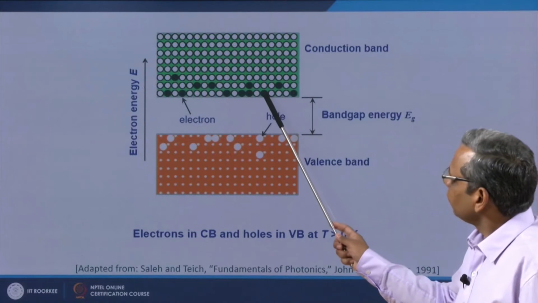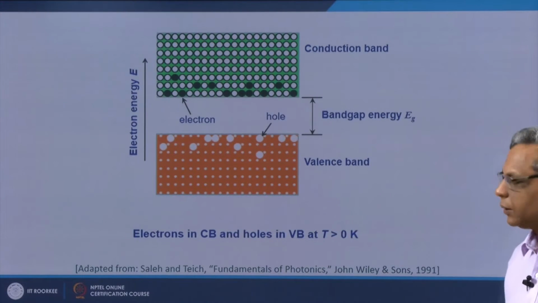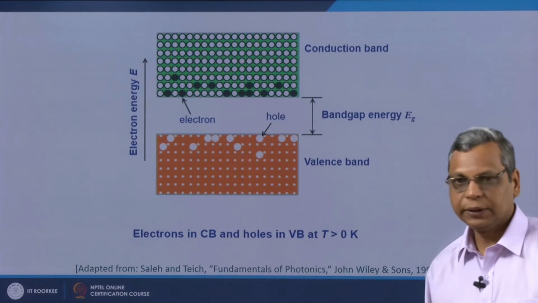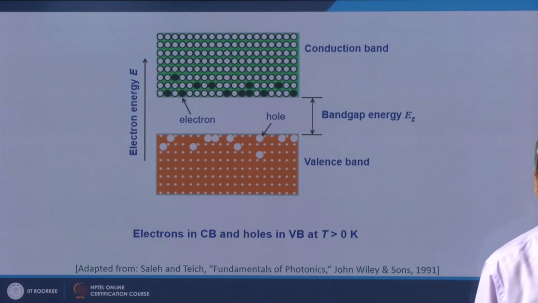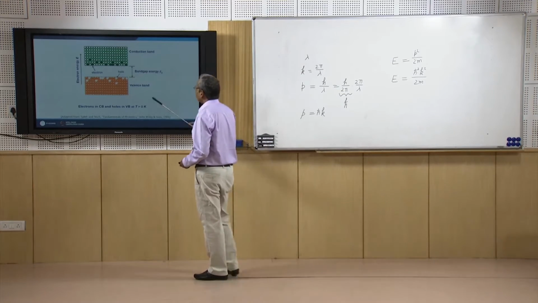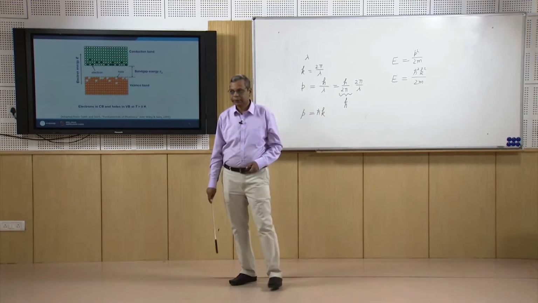So, I have free electrons available in the conduction band and holes available in the valence band, which contribute towards conduction. So, I can enhance the conductivity of a semiconductor if I raise the temperature.